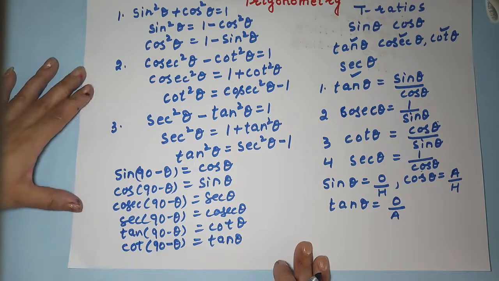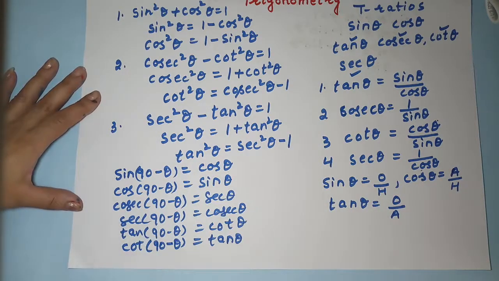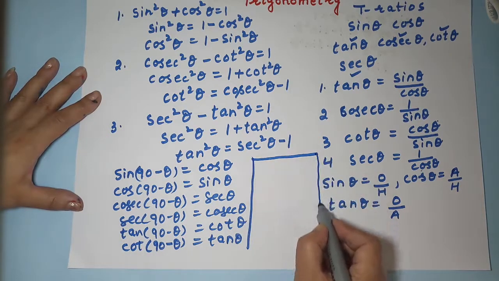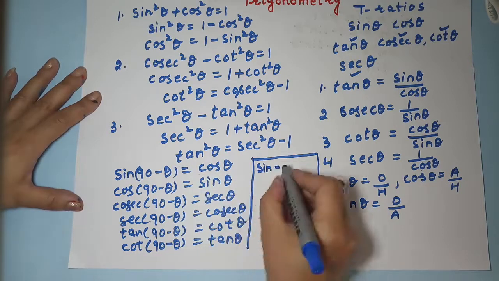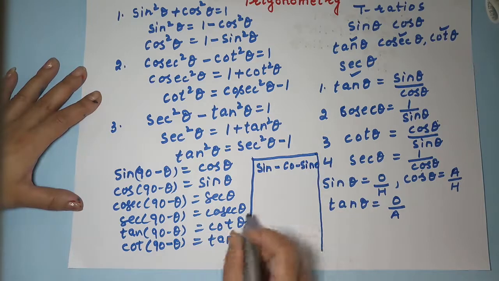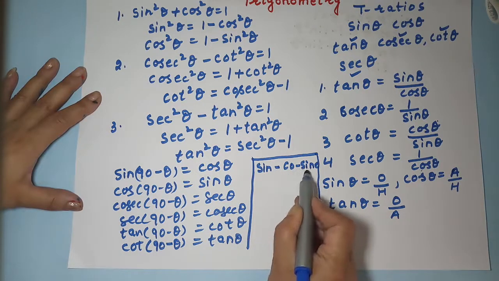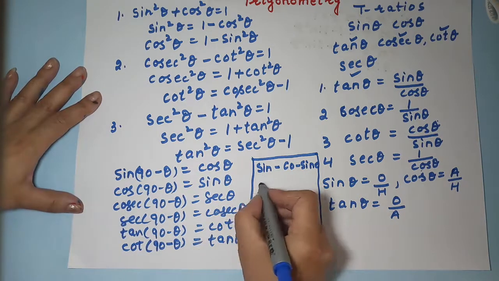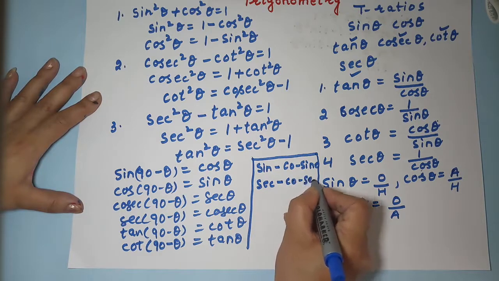Fine. Now, if you look at these, and if you want to know how to remember that, you know that when we write sine, then cos is basically cosine, right? Does it mean that sine is the complementary angle of cos? Similarly, when you write cosec, sec is cosec, right?